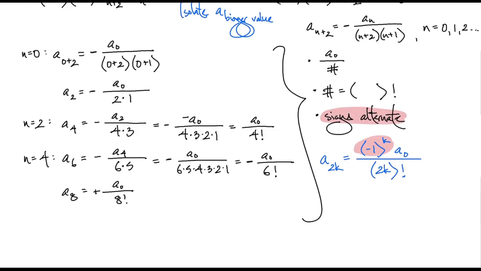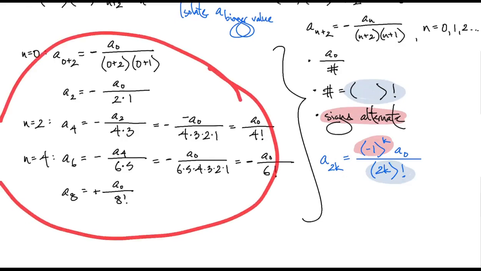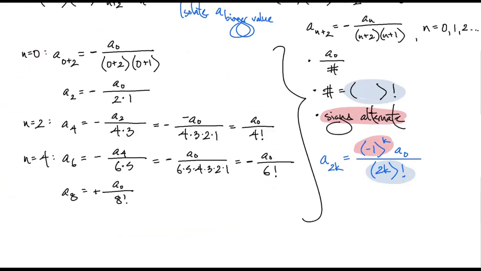You want to think about that factorial number, that's this 2k factorial on the bottom. And then our a sub 0 is the one constant piece in every single one of these that we wrote here. Every single one of them we could reduce to something with an a sub 0 in it.